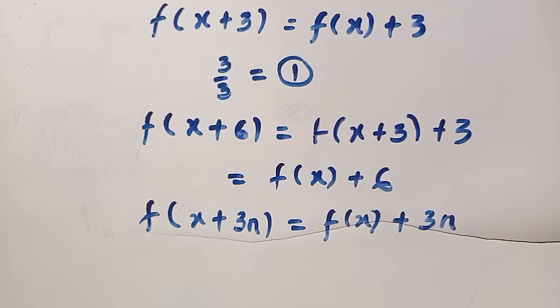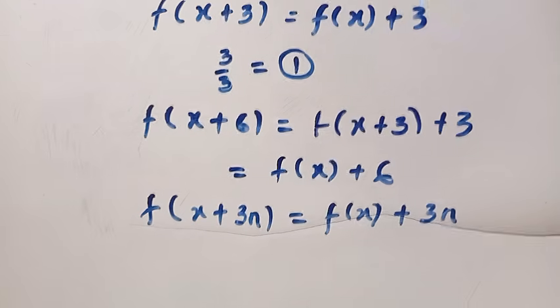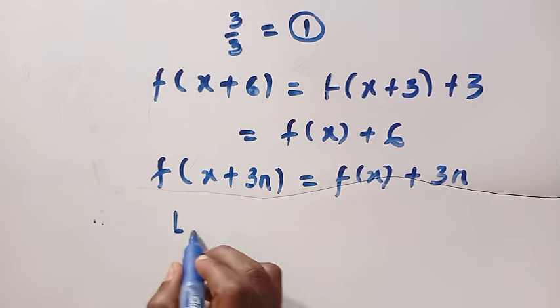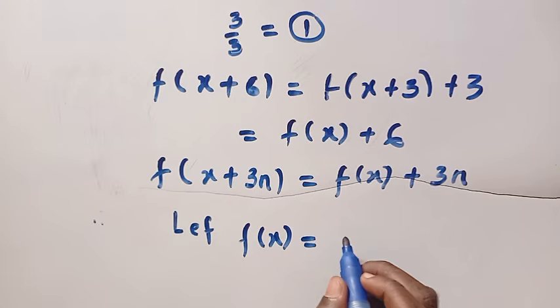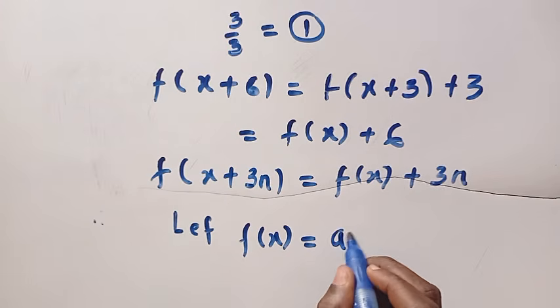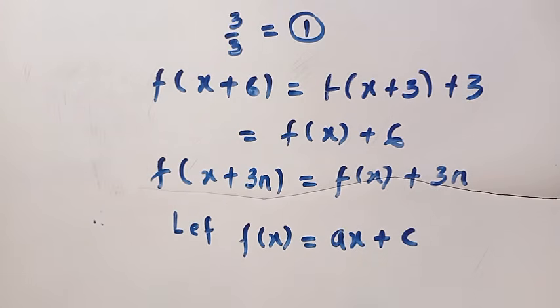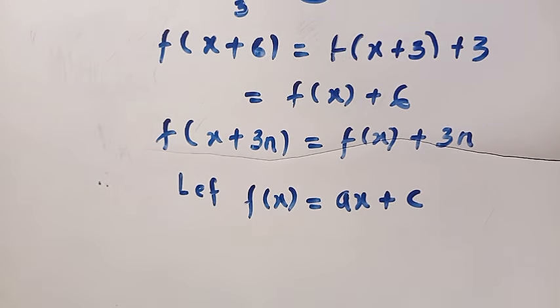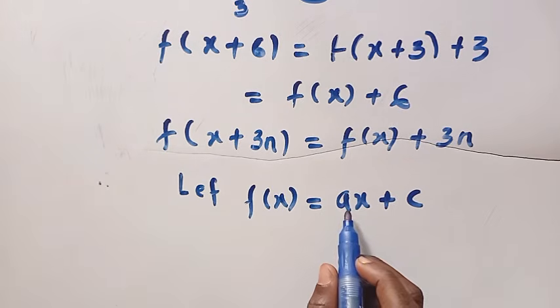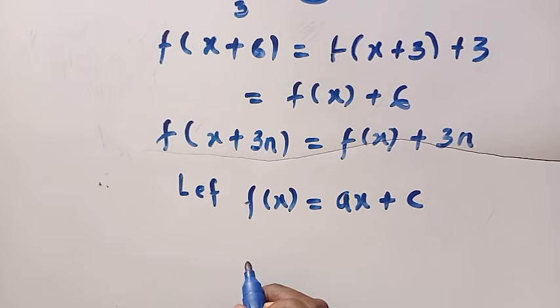Next, since we have a guess that the function is linear, let f(x) = ax + c. This is a linear function, and we are going to put in a quick check. We want to find the values of a and c. We recall that f(x + 3) = f(x) + 3.